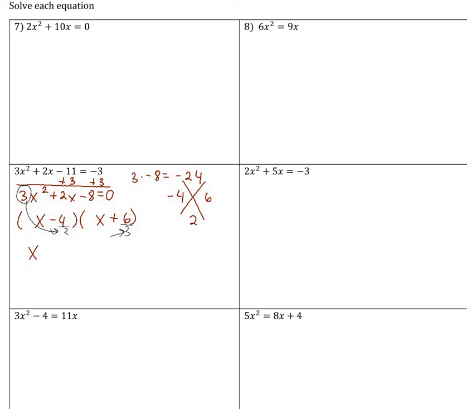We have x minus 4 thirds equals 0, and then x plus 2 equals 0. So now we can just add that 4 thirds, subtract that 2, x equals 4 thirds, and x equals negative 2.